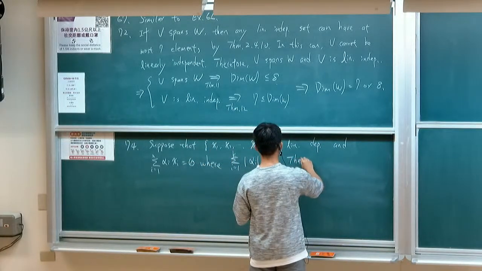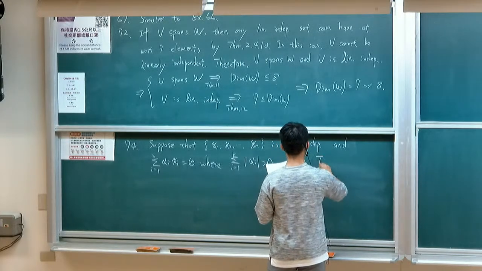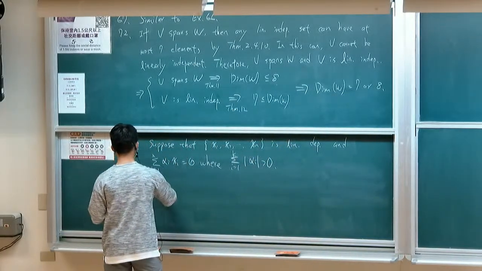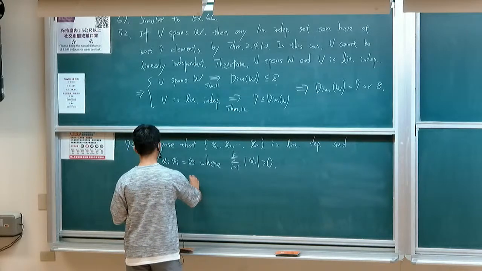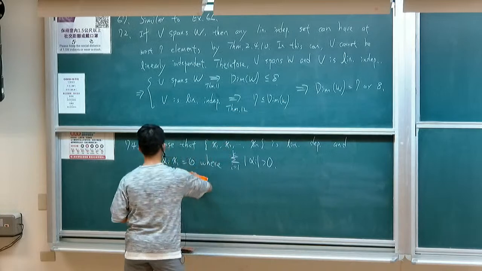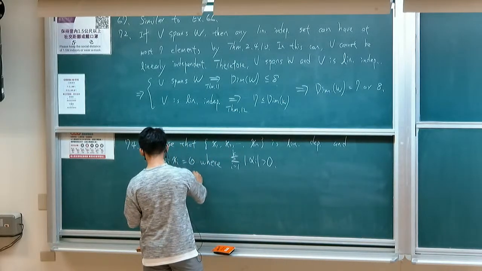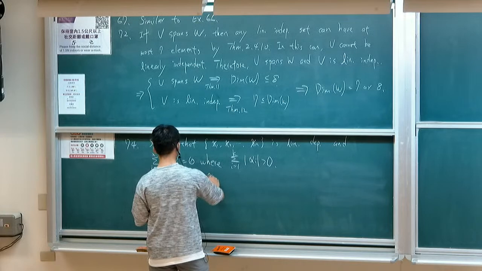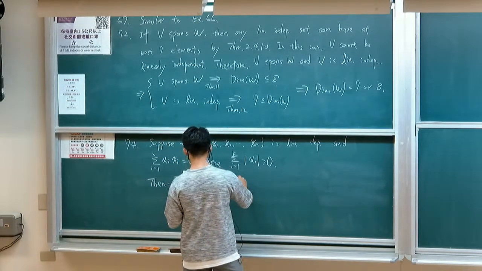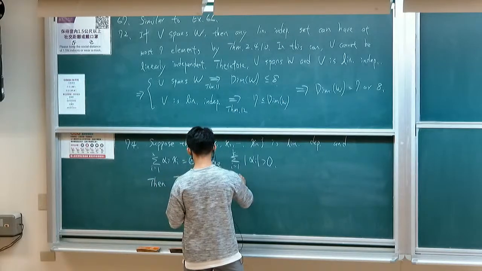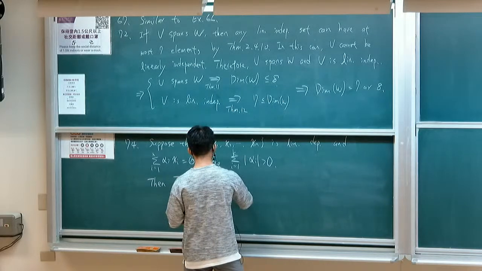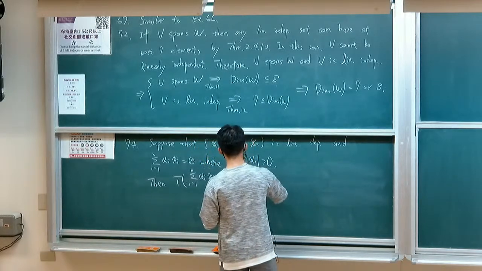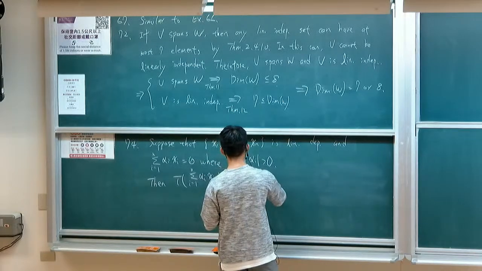Then we put this into T, and since T is a linear map, we can rewrite this as the summation of alpha i, yi.